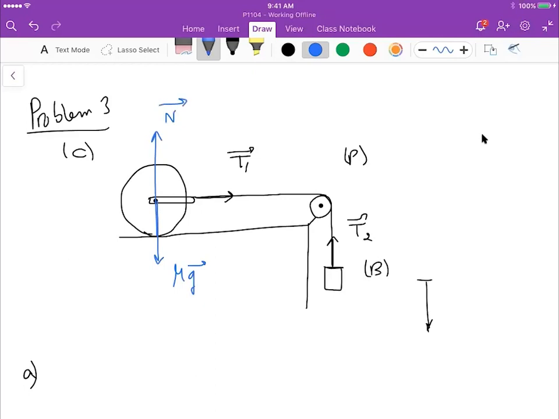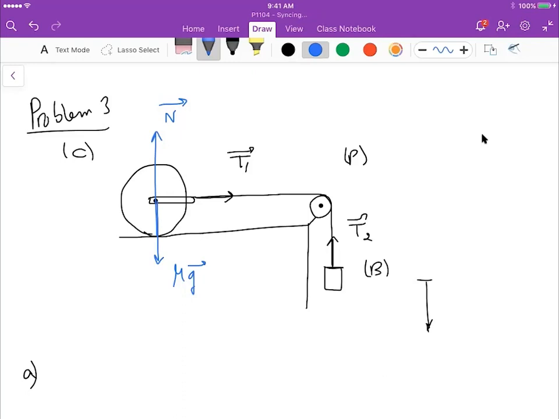Now, if we study what happens to the cylinder when all these forces are acting on it, you'll find that N and mg counterbalance each other, so the cylinder will not move along the vertical direction. They cancel each other along the y-axis.